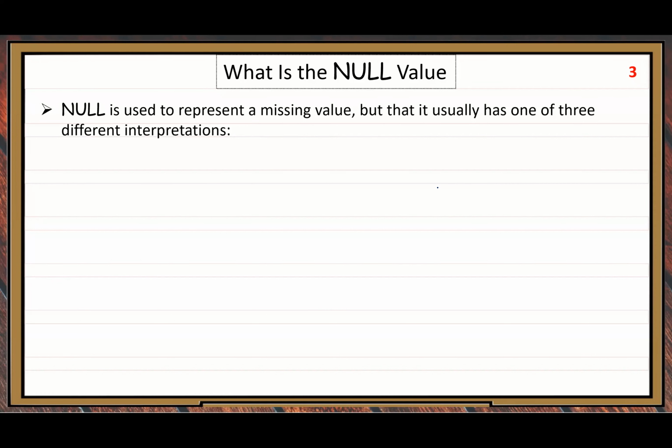Null is used to represent a missing value. In general, it's a missing value. You may have that situation for various reasons. You cannot provide its value when the data is entered.